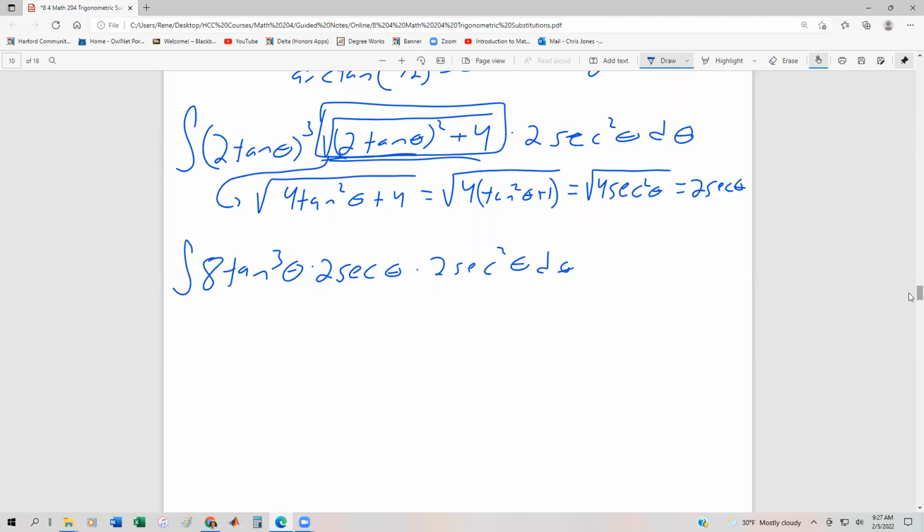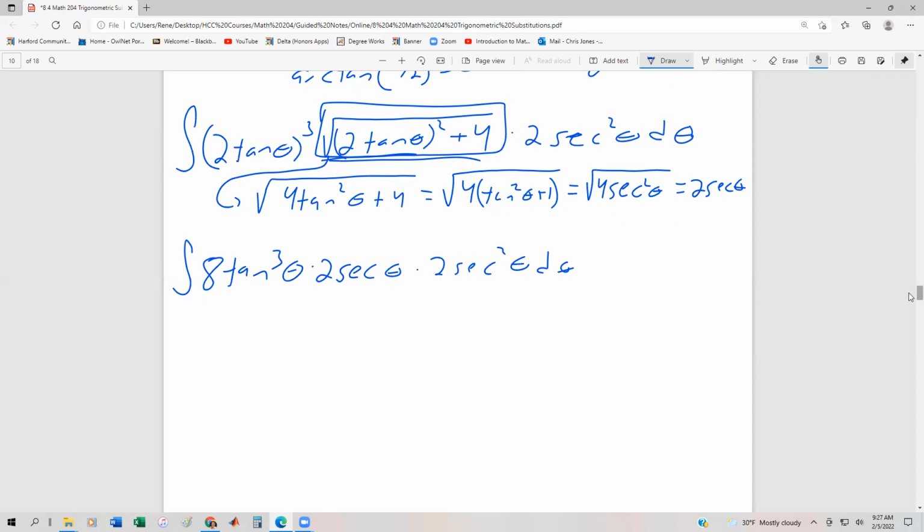Or if we could split off a secant tangent and get everything in terms of secant, that might be useful to us as well. And I don't believe that we're going to get everything in terms of tangent just because we have this tan cubed. So it might be best for us to break off a tangent and then get everything in terms of secant.